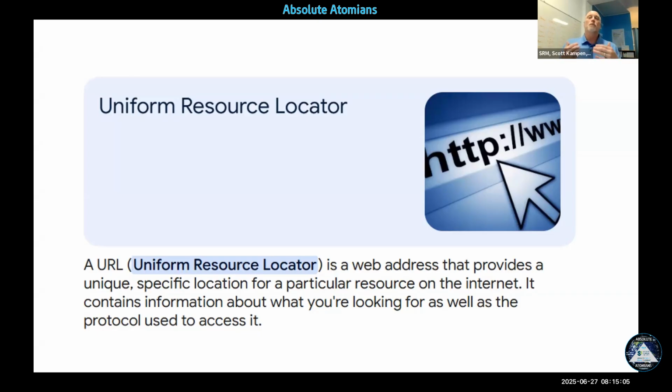So whenever you tell someone to go to a website, you're telling them, go to a URL, the Uniform Resource Locator. And so we are creating a link, which is then going to create a URL, and when we send it to someone, then they will go to that web page.